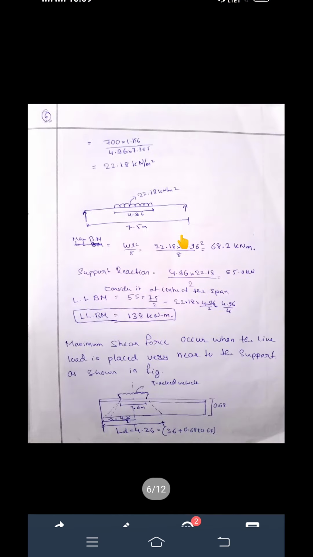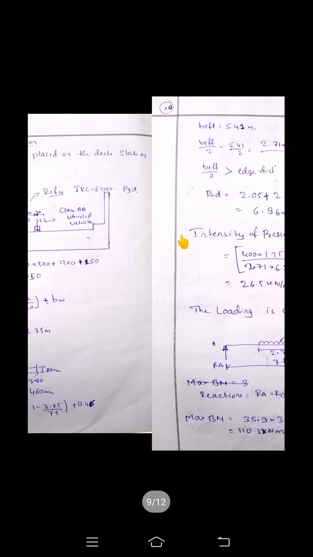We have taken alpha equal to 2.64, a equal to L naught by 2, where capital L naught is 7.5. bw is the width of dispersion. The width of the wheel is 300 mm. For the wearing coat we should consider the thickness of coat, which is 80 mm.